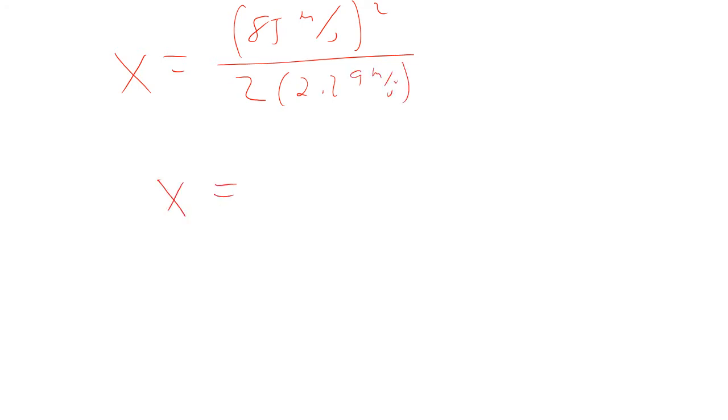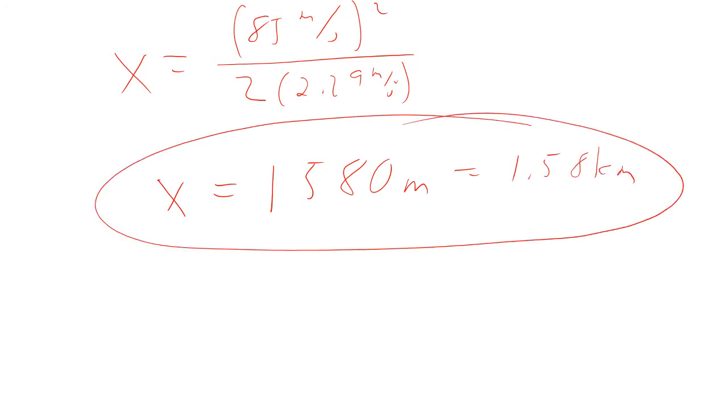So x comes out to be 1580 meters. Okay, so 1.58 kilometers, which is really close to 1 mile that it takes from rest until it is able to achieve airspeed and then rotate and take off.